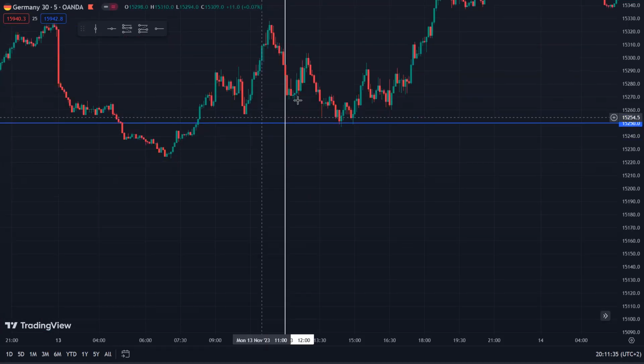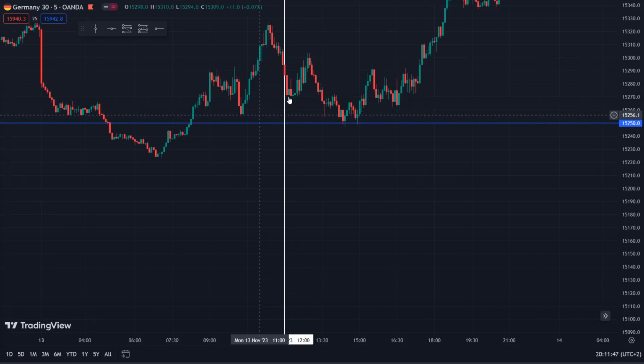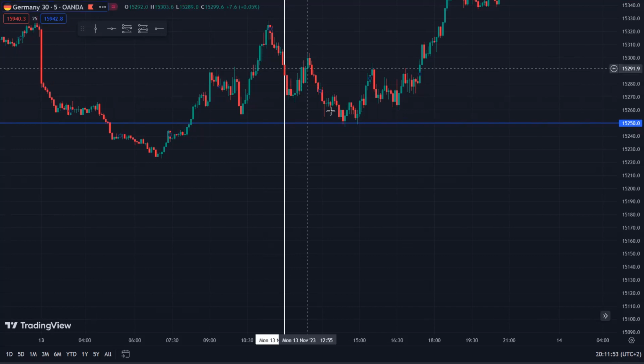Usually with our system, our entry is supposed to be right around here, around this part, around the structure. That's our entry, and we don't usually hit our stop losses.